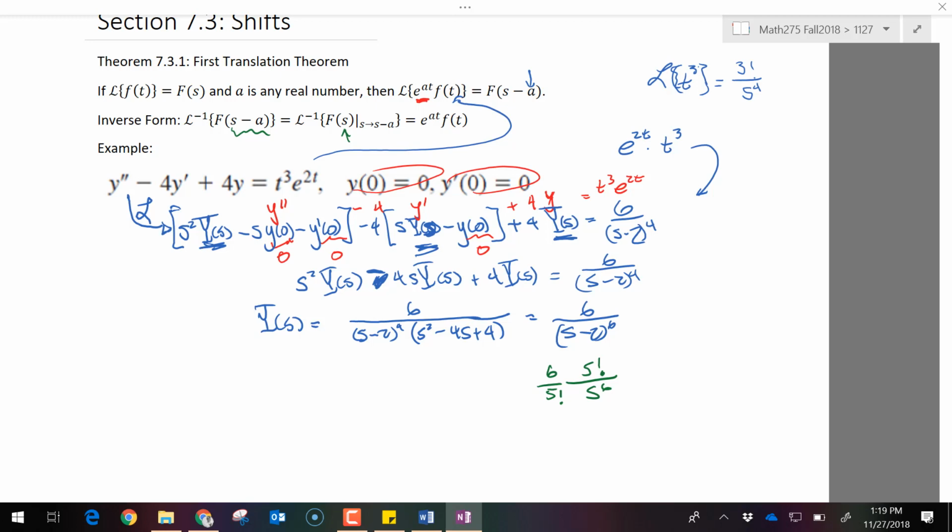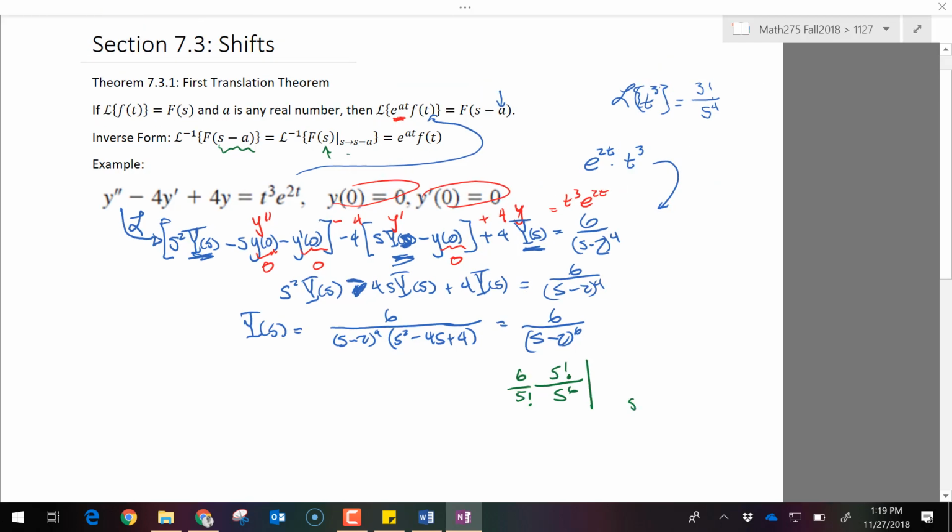So this is the function that I want to translate from. And this has been shifted, t to the fifth power, yeah, with an extra exponential. So this is what I want to translate.